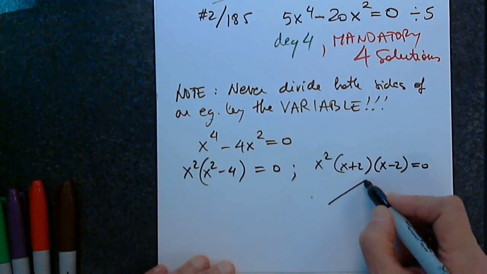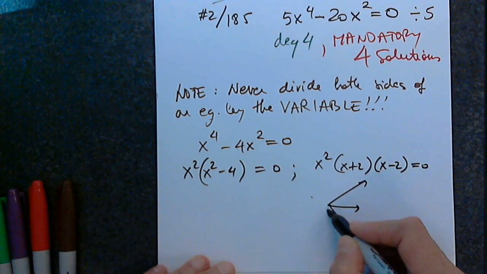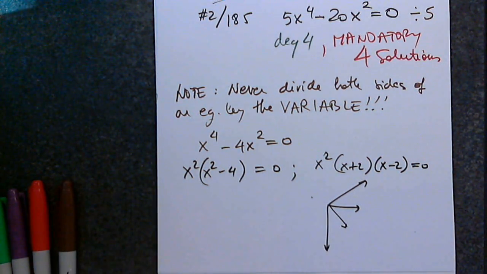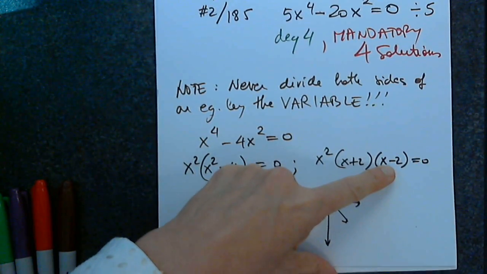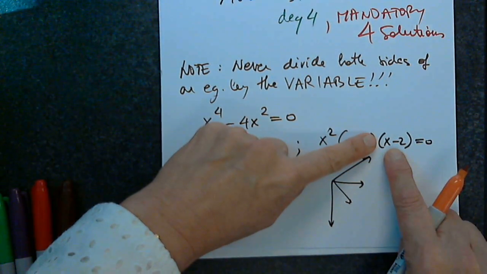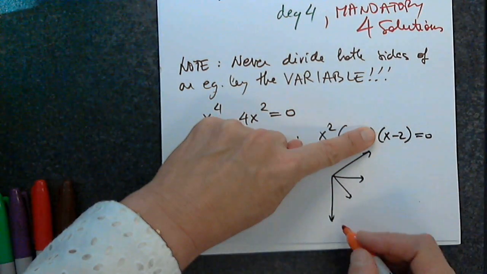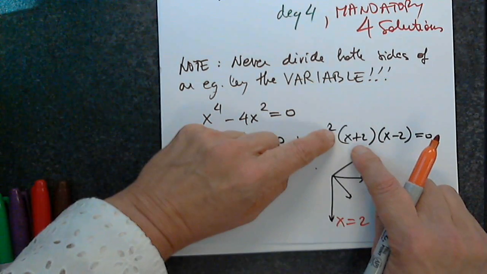And now I want to see 4 solutions. Some of them may be the same. So let's start with this one. What solution do I get from here? Let's continue with this one.